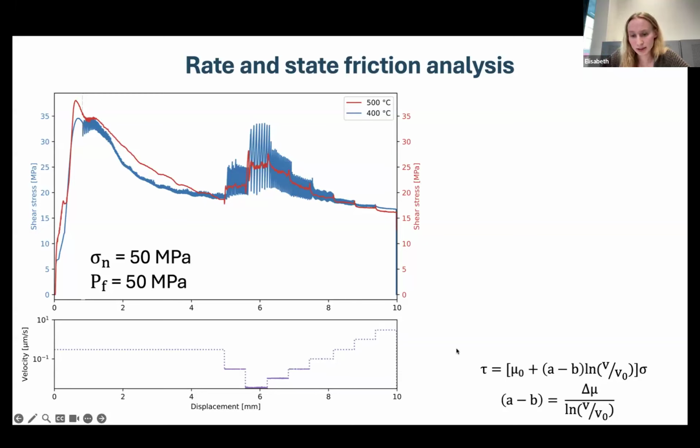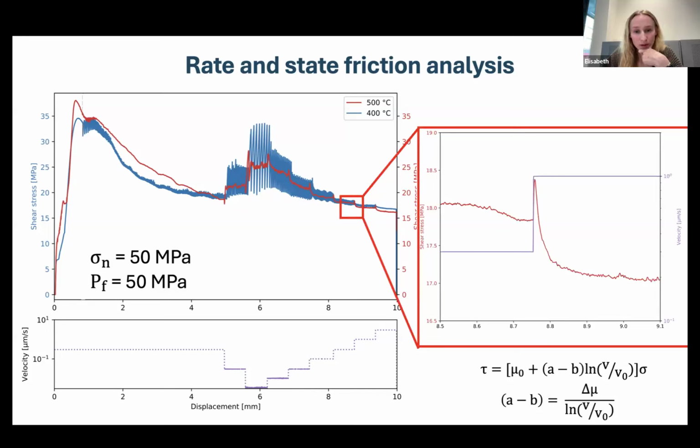As I just said, I am going to briefly talk about how I obtained the rate and state friction parameters, the a minus b value, with the rate and state friction law, which is at the bottom of the slide. For the one at 500 degrees, it's fairly simple.